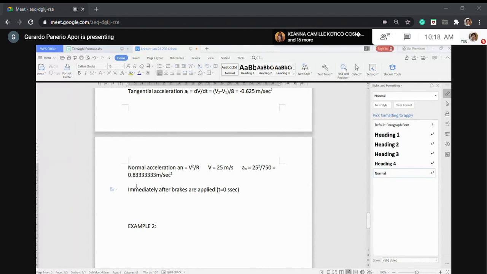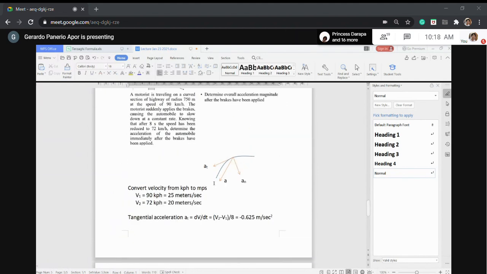So immediately after the brakes, the acceleration is, how are you going to solve for the acceleration here?